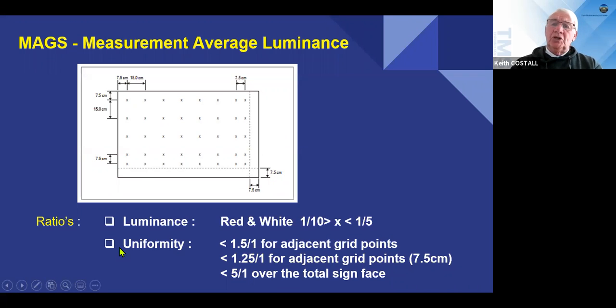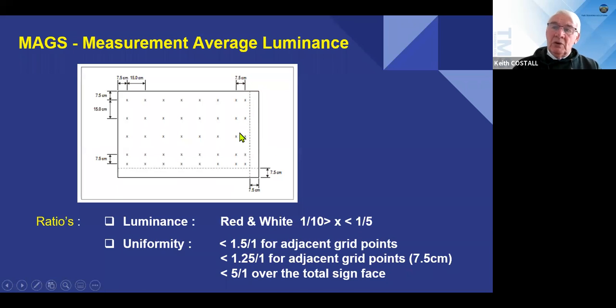We've also got a uniformity consideration. We need to have uniformity between these points. No point in having the brightness in the middle and darkness around the edge. We have to have uniformity.